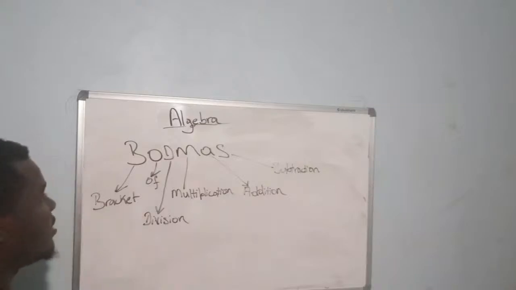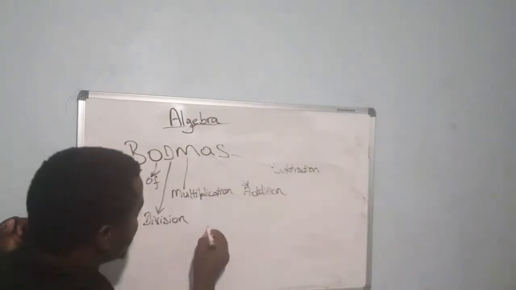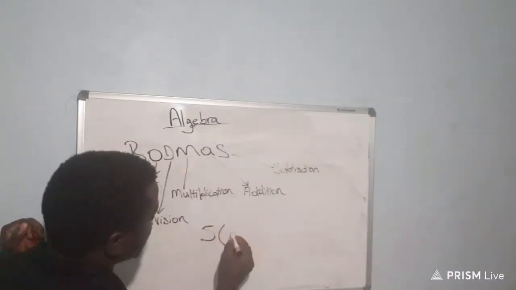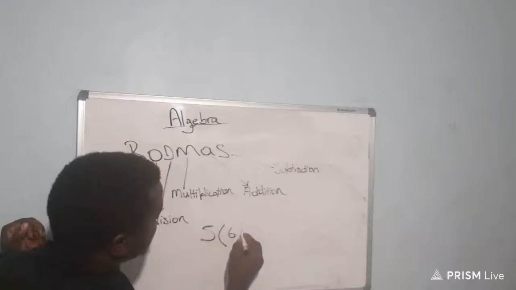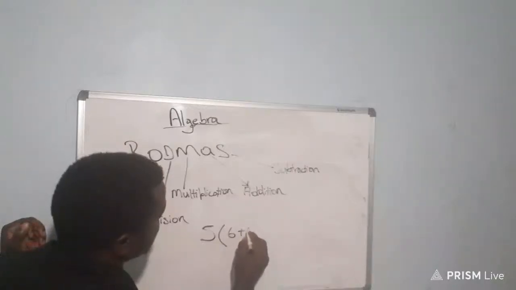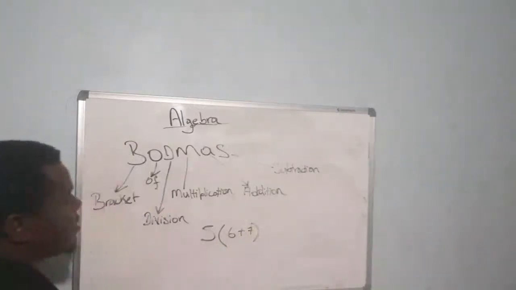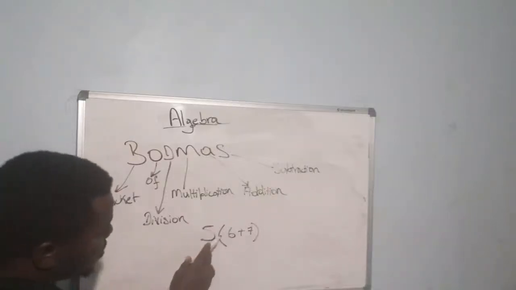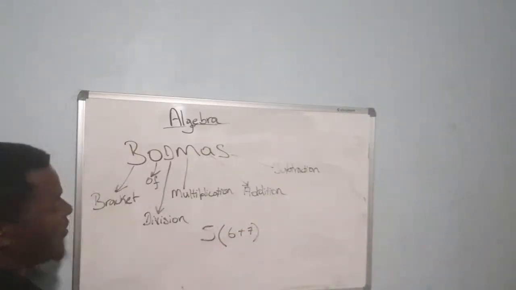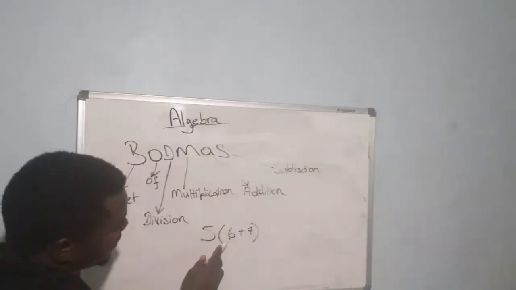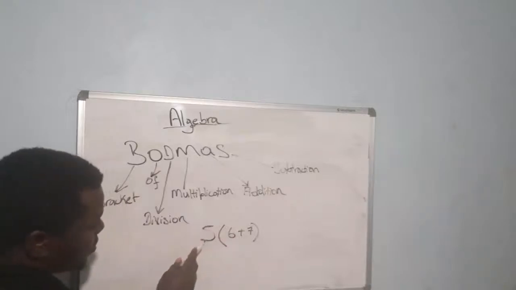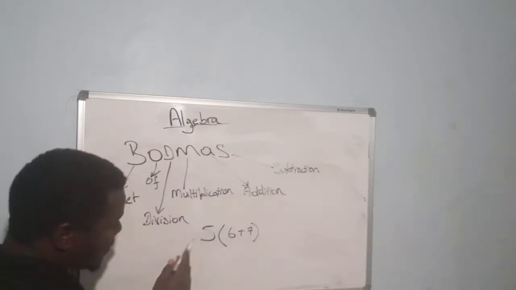For instance, you have 5 bracket 6 plus 7 close bracket. The first thing you should try to do is to get rid of what is in the bracket. However, you cannot get rid of whatever is in the bracket unless you apply the same principle.